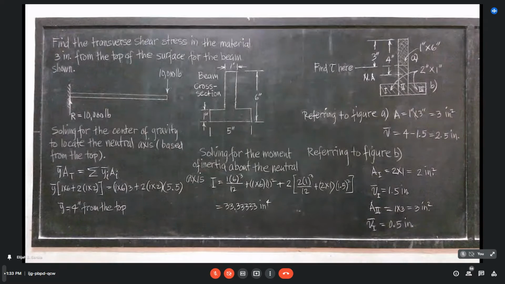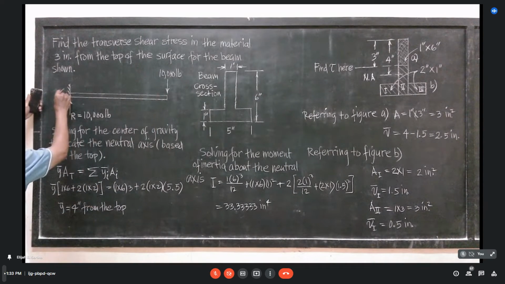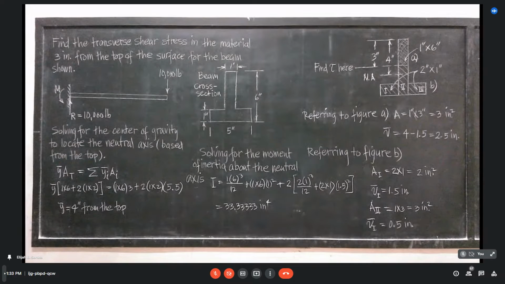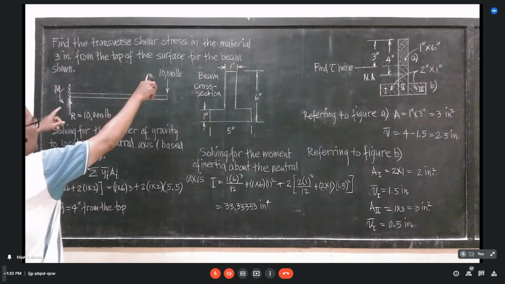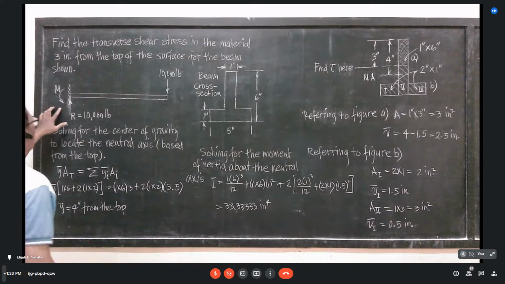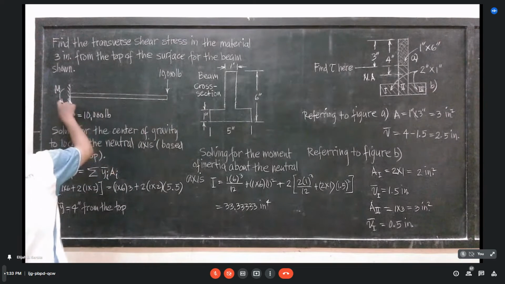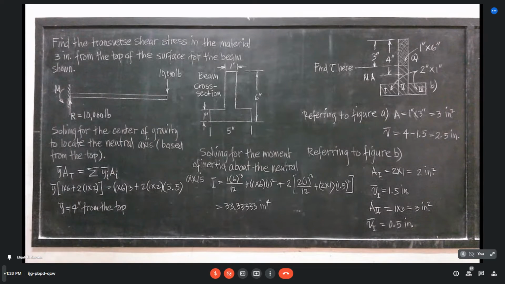Then, there should be a moment here to make this in the state of static equilibrium, because summation of moment is opposite, then this moment is equal to the moment of this one, which is 10,000 times the length. No? 10,000 times the length. Okay, so basically that is the free body diagram of the cantilever beam.